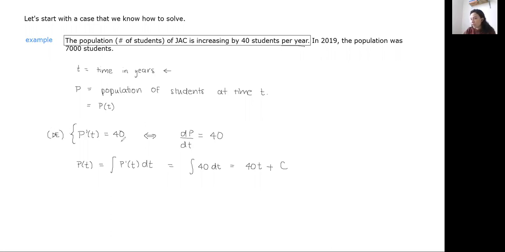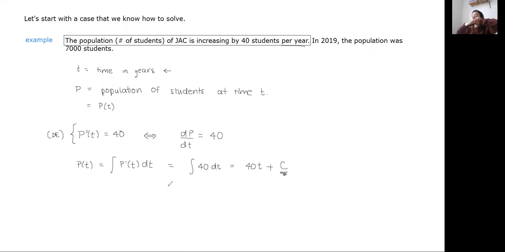This is the differential equation because it tells me the derivative as a function of something. Now we know what the original function was, except we don't know exactly what it was, because I have this value of c over here. What we said at the beginning of the semester is that the reason we have c is that I only know the derivative, so I only know how my function is changing.